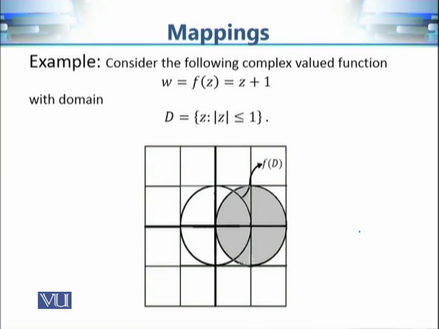So this kind of geometrical representation of the function helps us in understanding the behavior of the function. Sometimes it is useful to represent both the domain and the range in the same plane. So for example, in this case, this is the domain disk and this is the range disk, and we can easily see that the domain disk is translated to the right by 1 unit when we apply the function on the domain.